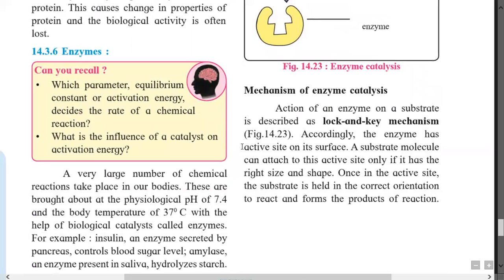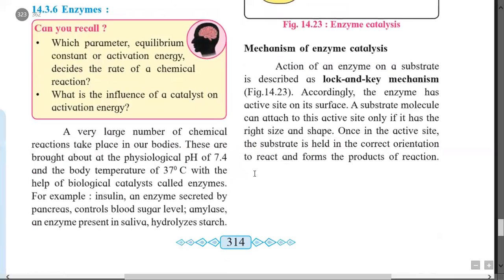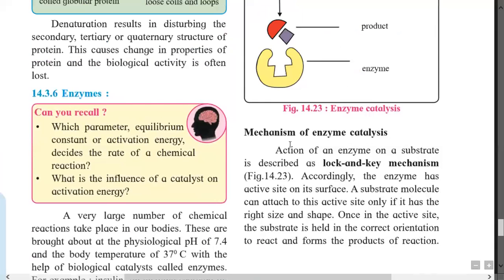So the enzyme has an active site on its surface. A substrate molecule can attach to the active site only if it has the right size and shape.